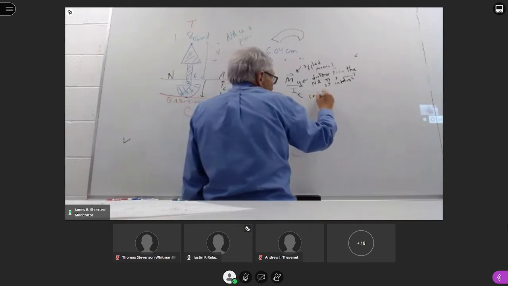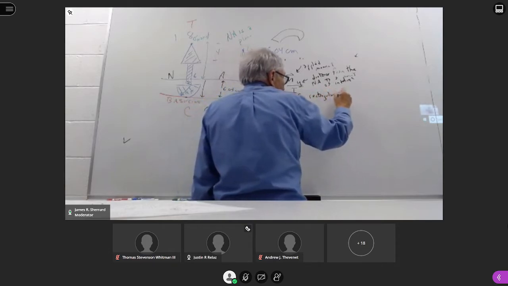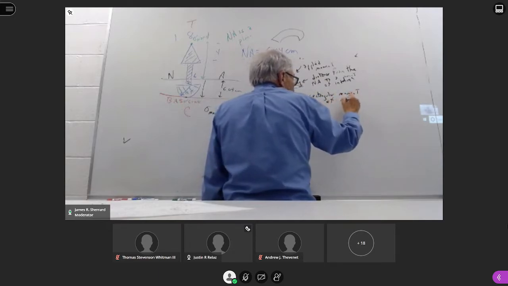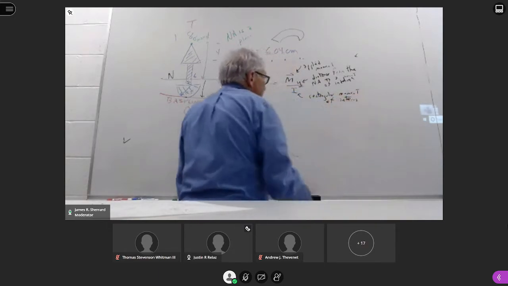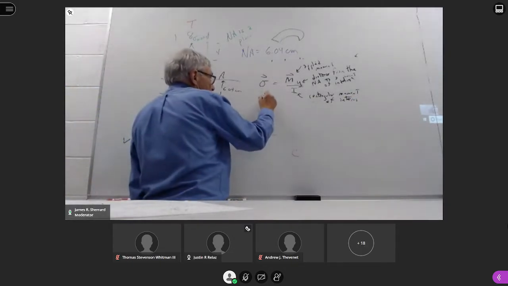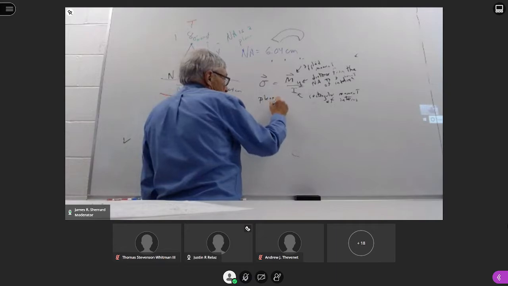This is the rectangular moment of inertia. And the result will be plane stress.